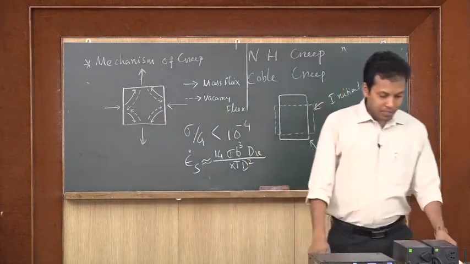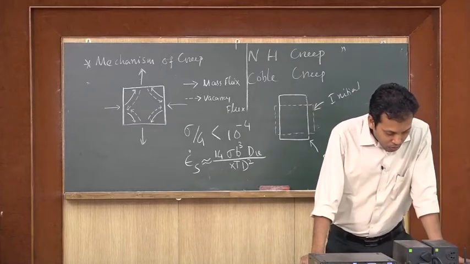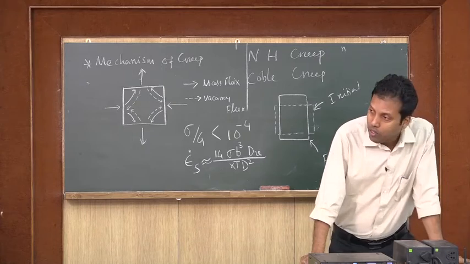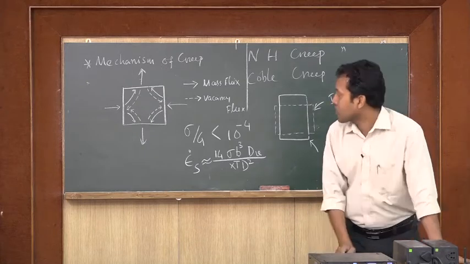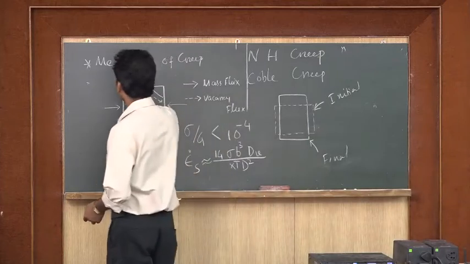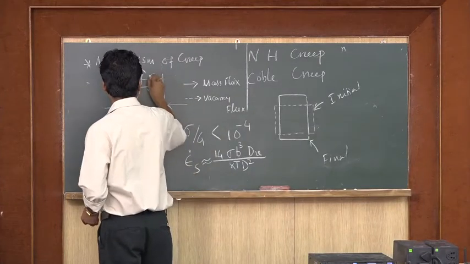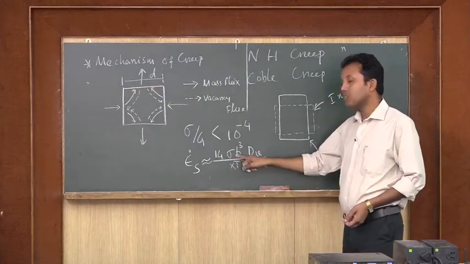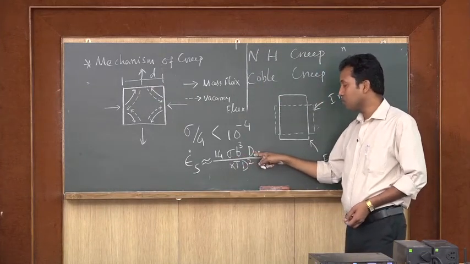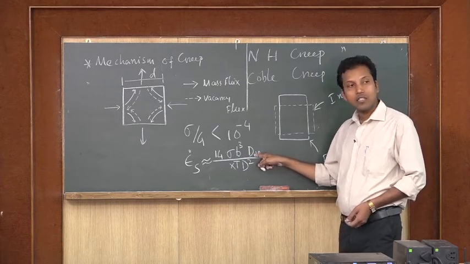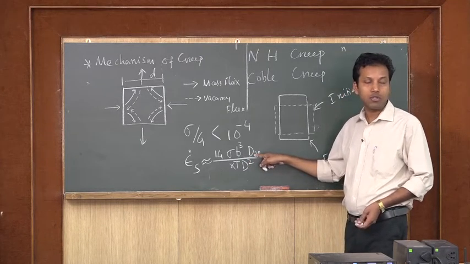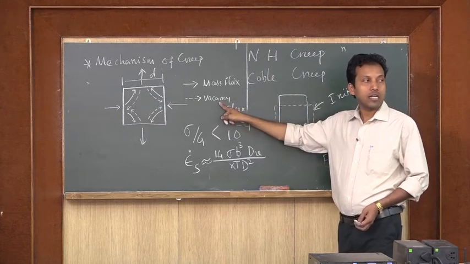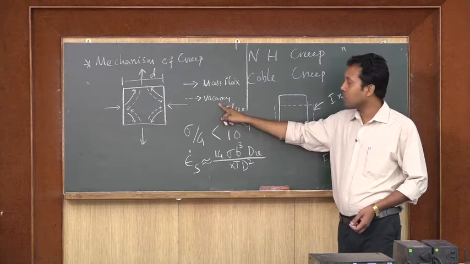So, the creep rate in this case is some constant times sigma divided by d square, where d is the grain size. You can write here, this is the d, small d. Other things you understand: sigma is the applied stress, b is the Burgers vector of the material, Dv is the vacancy diffusivity, the diffusion coefficient of this vacancy, because the movement of vacancy is associated here.